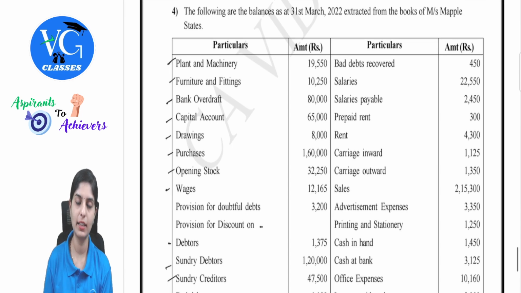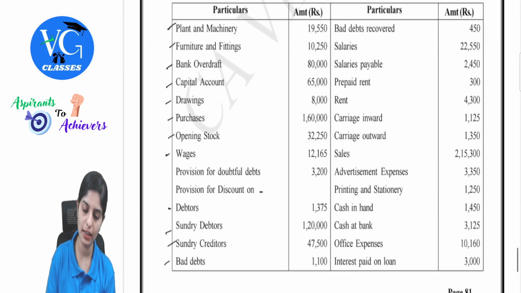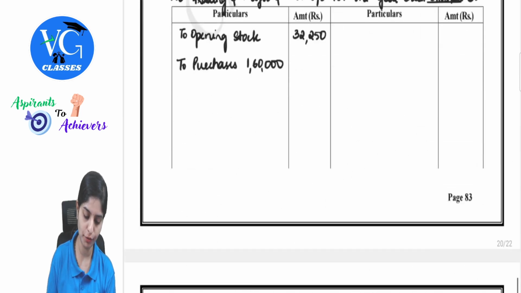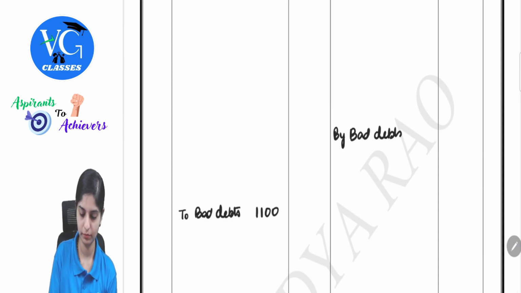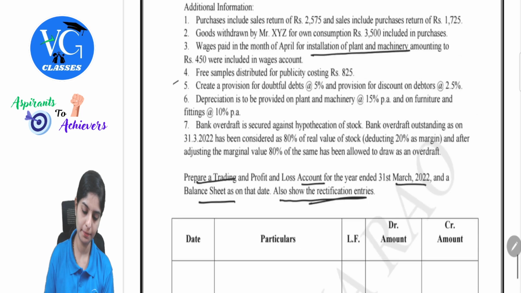Then bad debts recovered. This is like a normal income. So put it on the credit side of P&L. By bad debts recovered 450.